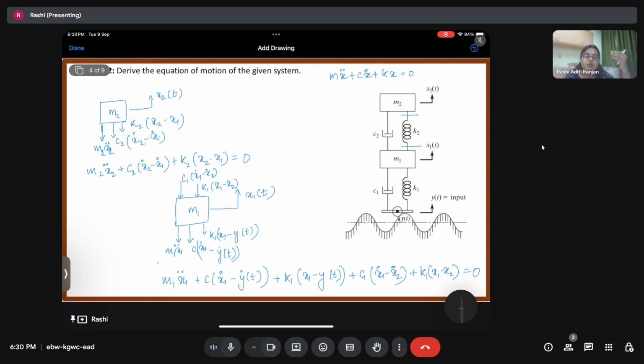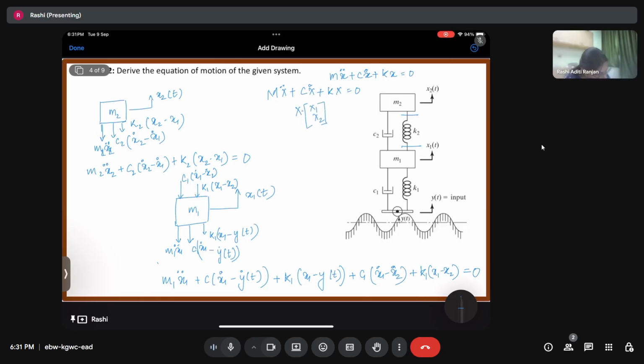The only difference is that now for a multi-degree of freedom system, this m, c, k and x are going to be matrices. So it will be something of the type M x double dot plus C x dot plus K x equals 0. Now this x is going to be nothing but x1 and x2, right?